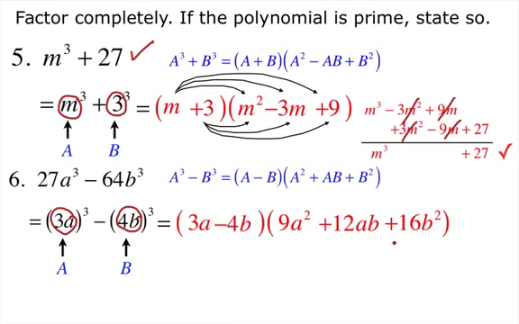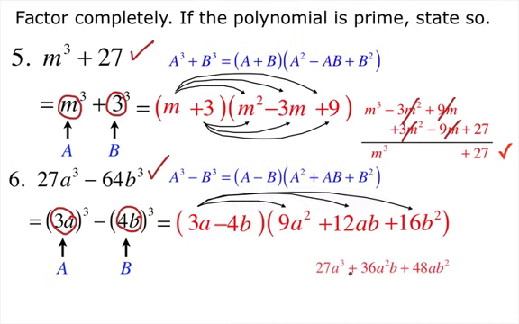And again, if you take the time to check your work, to make sure that the product of this binomial times this trinomial gives you the original expression, you will be certain that you have the right answer. So let's do that. Multiply the first term times the trinomial. I get this. I'm not going to go through it, but you should be able to come up with the following.